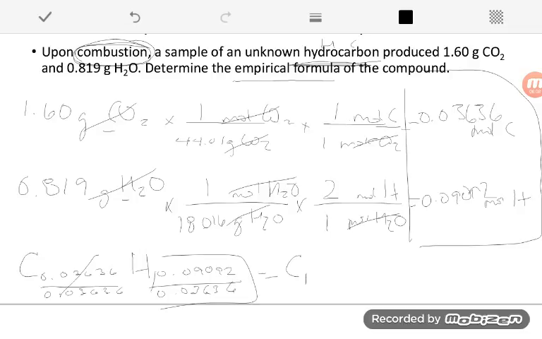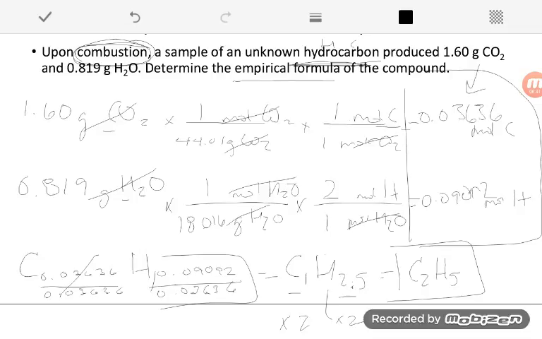And when I do that, I get 2.5. So here's one of those instances where I recognize, all right, I can't just stop here. I have a 1 and a 2.5. I can't have a decimal. So I need to turn these into a whole number. I'm going to multiply both of these by 2, because 2.5 times 2 will give me a whole number. So I'll end up with C2H5. 2.5 times 2 gives me 5. So that's my final answer for my empirical formula.